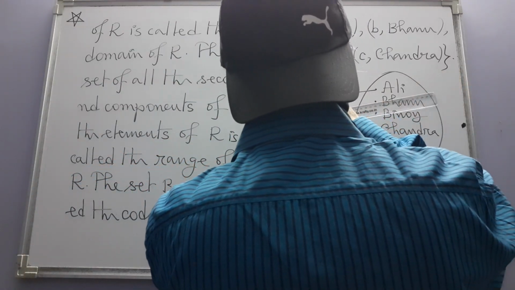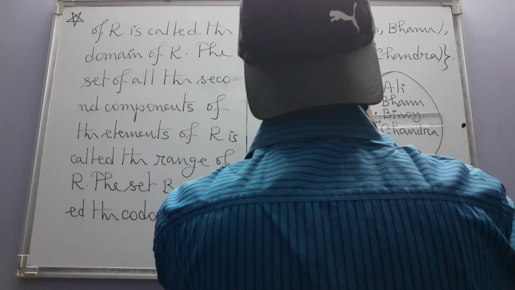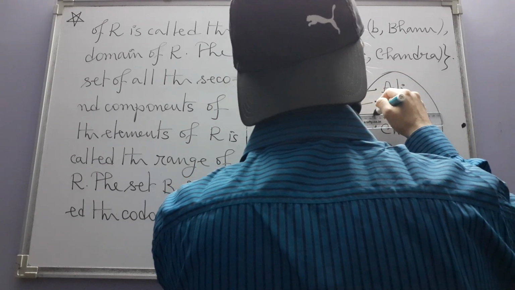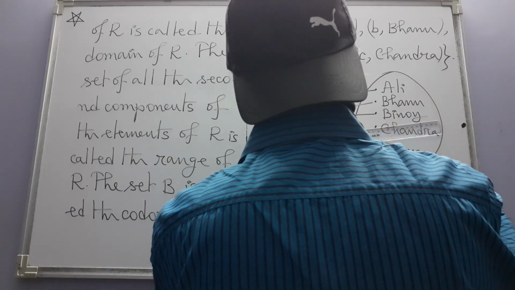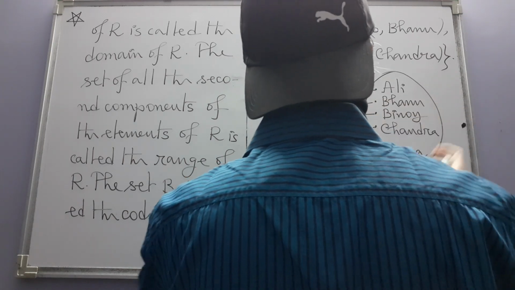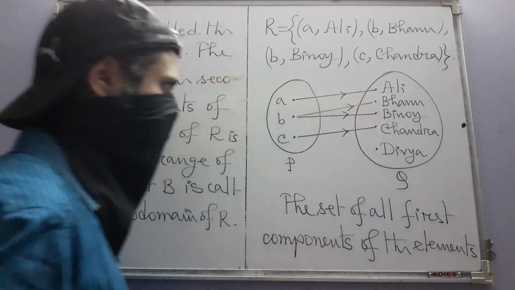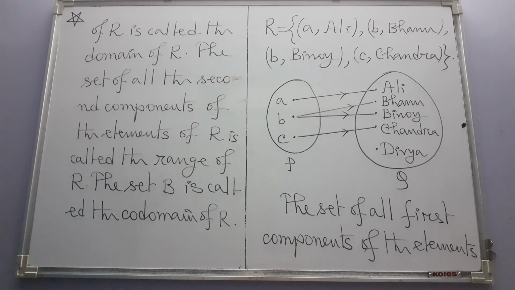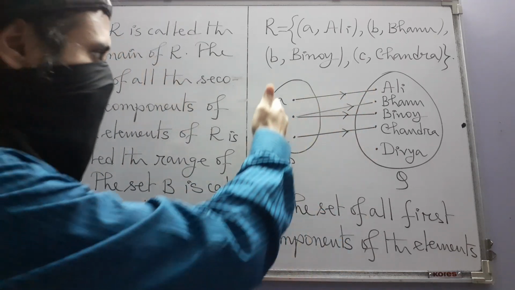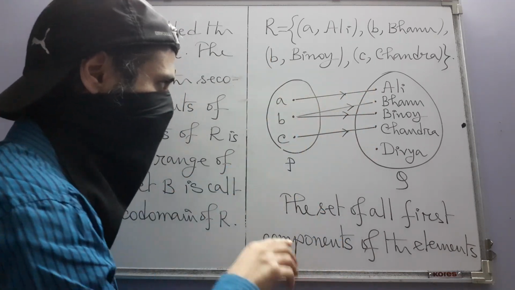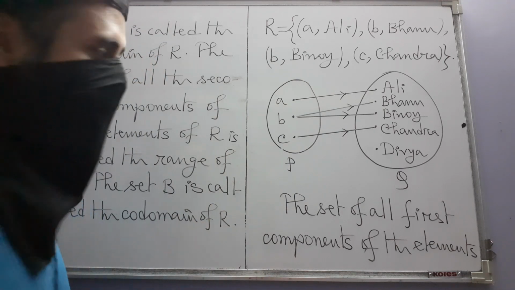So let me draw the rest of them. Besides drawing these line segments, it may happen that some of the arrows intersect each other.